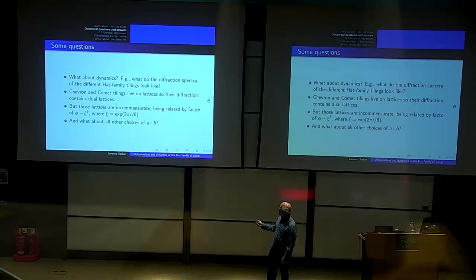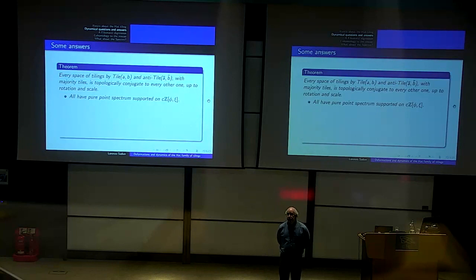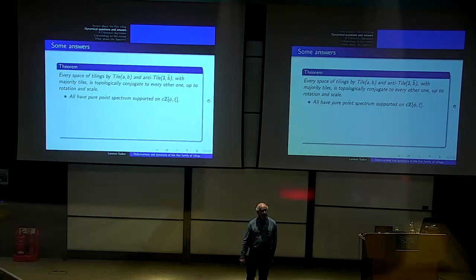Okay, some answers. Changing A and B doesn't matter. Up to an overall rotation and scale, all the spaces are topologically conjugate, which means that there is a map.